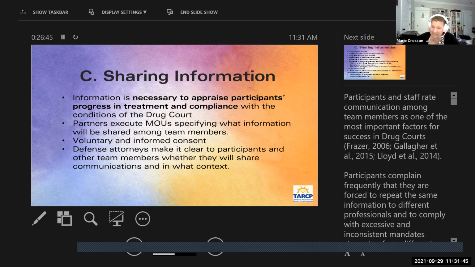And the participants need to understand who is talking about them and what kind of information is being discussed about them. In the spirit of transparency, in the spirit of therapeutic jurisprudence, it is important for participants to know who the players are and what they're going to be talking about with them.